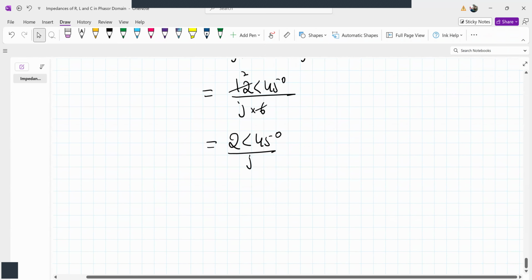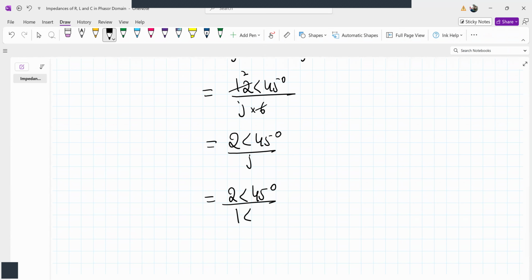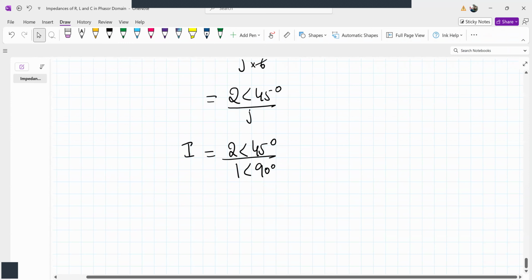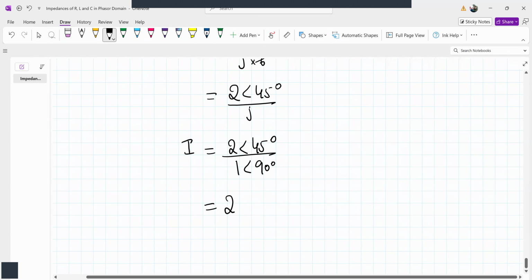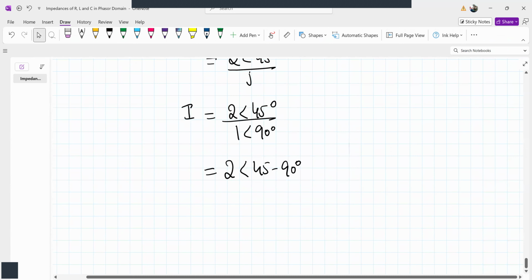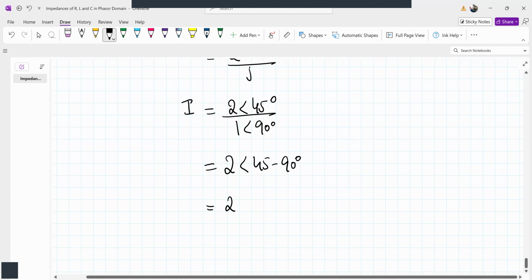Now j in polar form can be written as 1 at an angle of 90 degrees. So this is the current phasor. 2 divided by 1 is 2. What we do with phases, we subtract. Okay, so this can be written as 2 at an angle of minus 45 degrees.